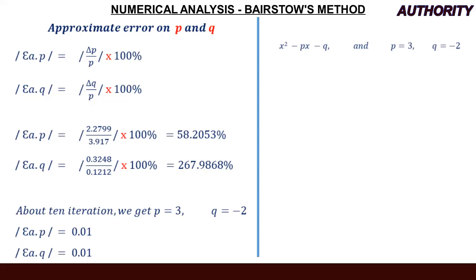Yes. Good. Now look at it. Comparing this now, the extracted polynomial that we're looking for is x squared minus px minus q. And here we have p is equal to 3 and q is equal to minus 2. When you substitute, you are going to have x squared minus 3x plus 2 is equal to 0.